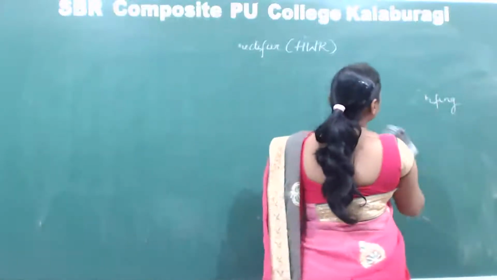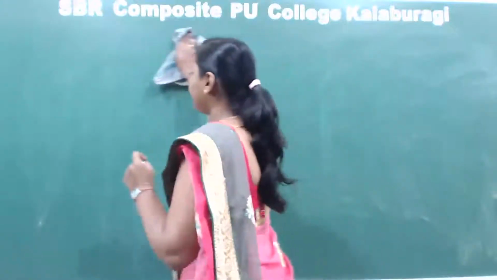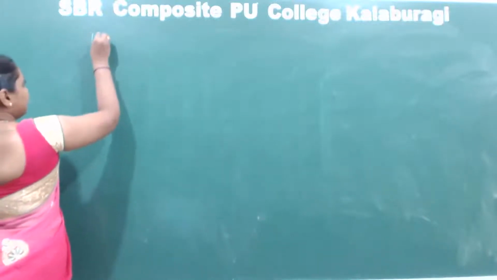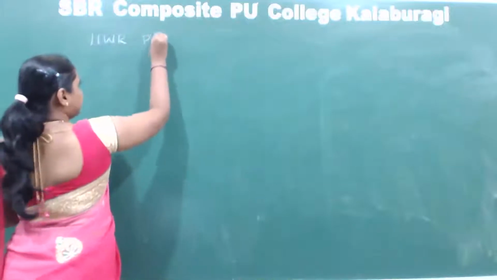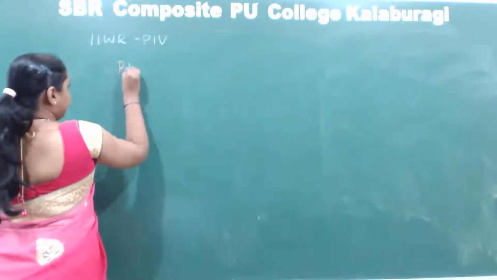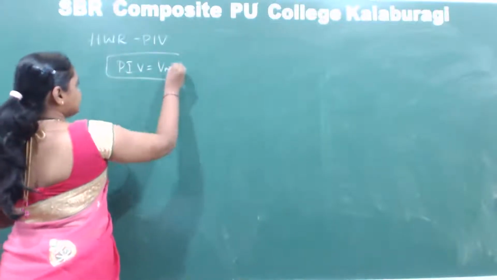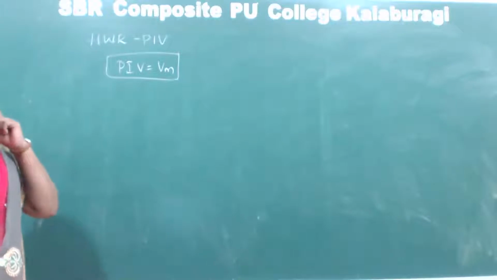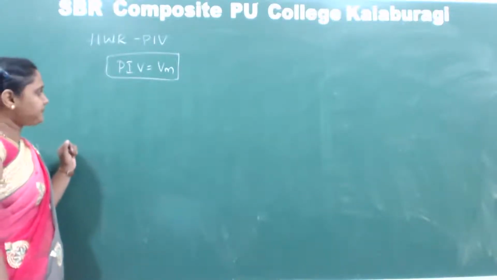So now we know that the peak inverse voltage for the half-wave rectifier is Vm. PIV is equal to Vm. This much you need to remember always.